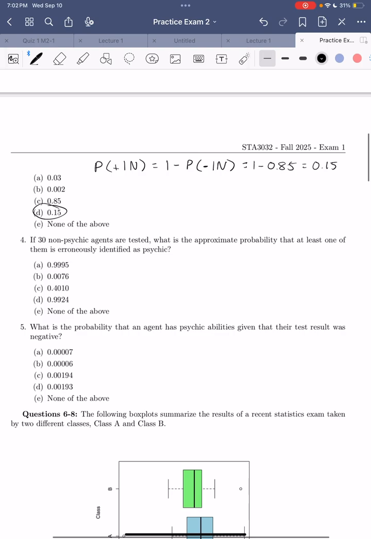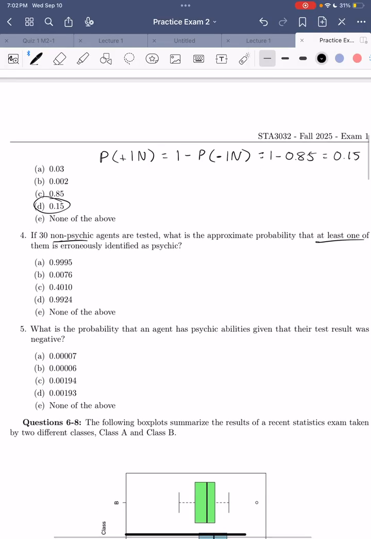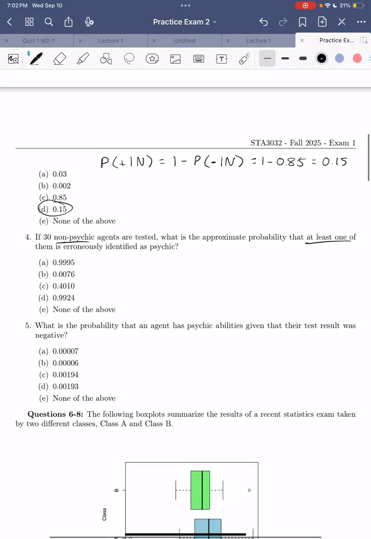Now we're testing 30 non-psychic agents, and we're looking for the probability that at least one of them is identified as psychic. What we can do is find the probability that all of them test negative, since they're non-psychic, and then subtract that from 1 to find the probability that at least one of them is identified.